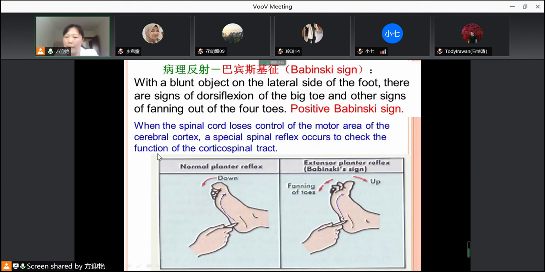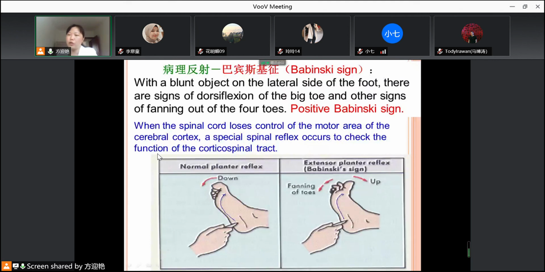This means the Babinski sign is positive. It shows that the spinal cord has lost the control of the motor area of the cerebral cortex, and a special spinal reflex occurs. It is used to check the function of the corticospinal tract.